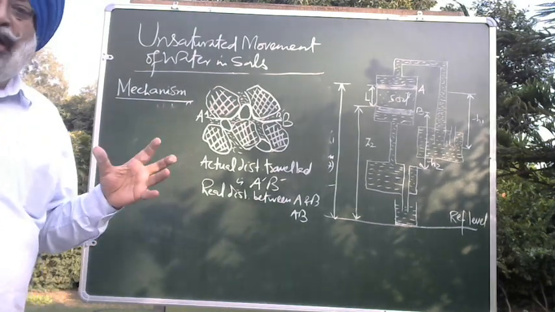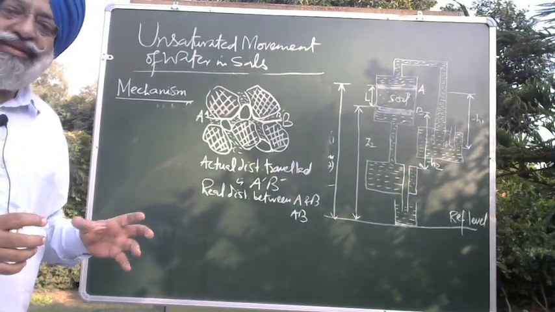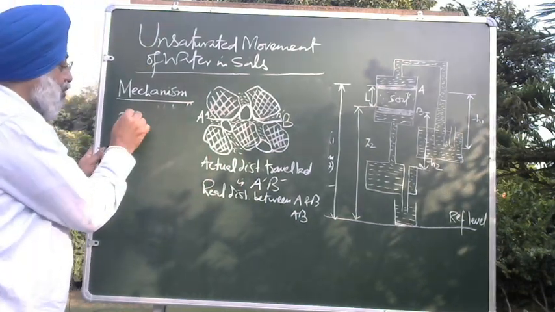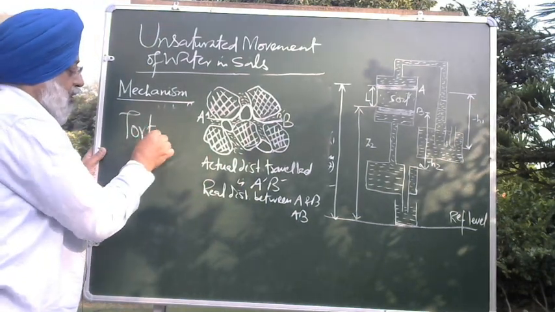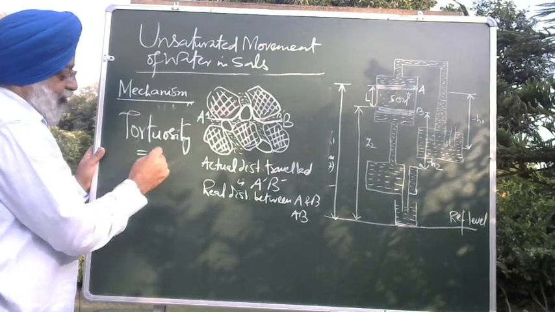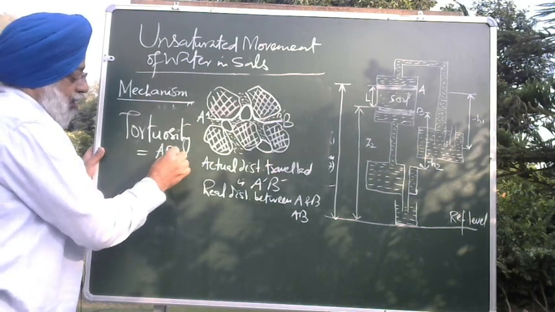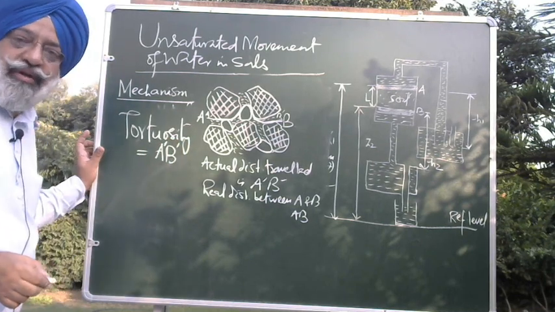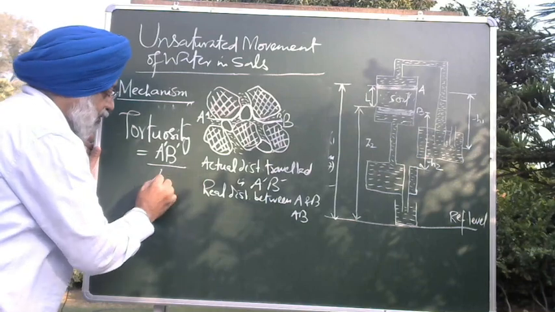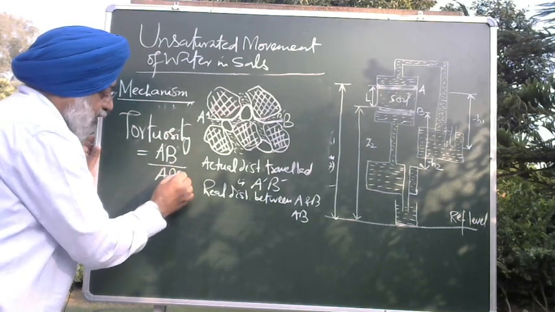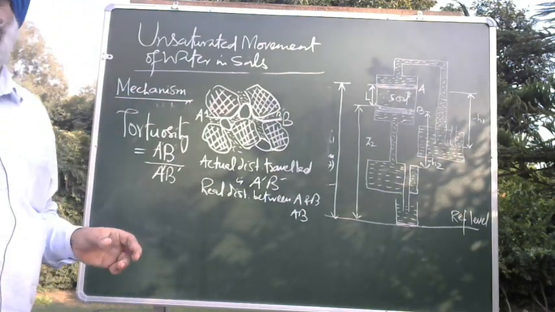That means now the soil matrix has become more tortuous. We call this tortuosity. Tortuosity means the real distance divided by the distance actually traveled by water.